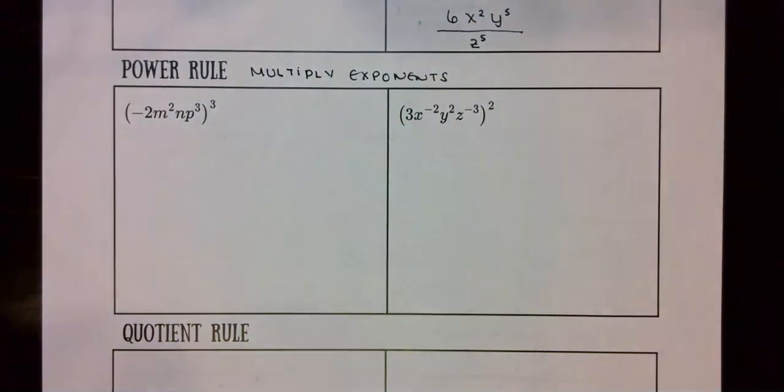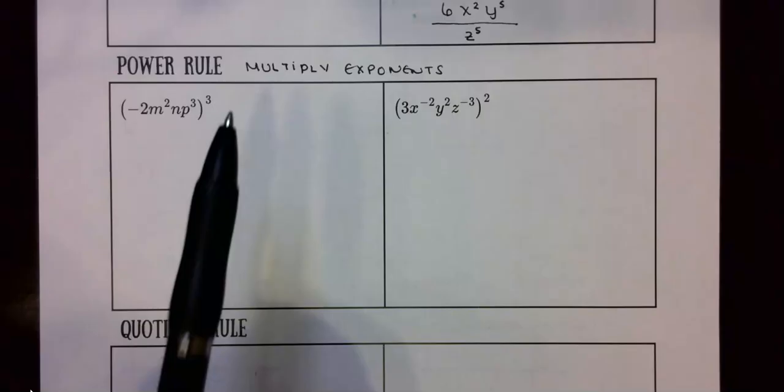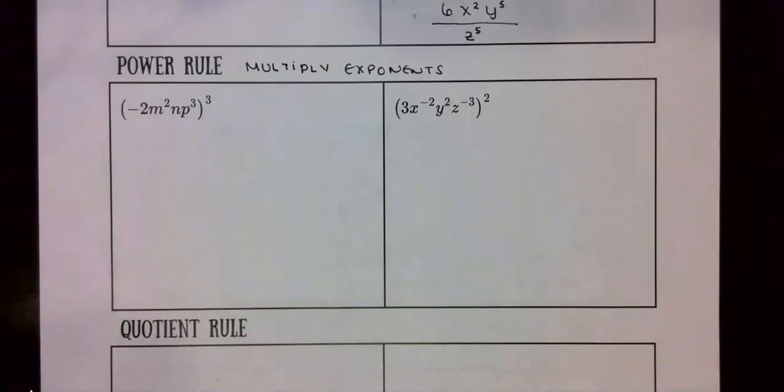Okay. So with that being said, let's go ahead and set this up. The first thing I'm going to ask you to do is look inside. Everything inside of your parentheses has to have an exponent. We're going to separate everything, but then we're also going to make sure that everything has an exponent, including the coefficient.